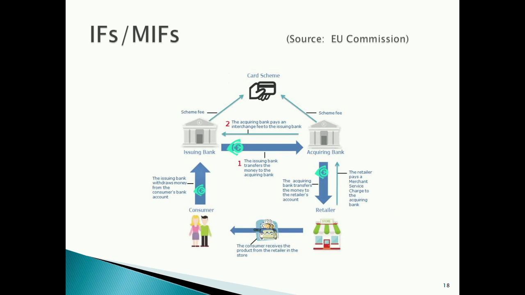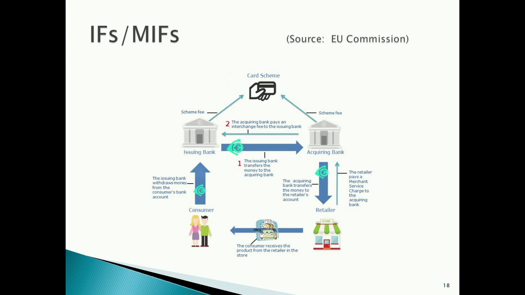The issuing bank takes the money out of my bank and sends the money to the acquiring bank, which then sends the money to the retailer, every time I use my card. And I get my toaster, I guess it is.